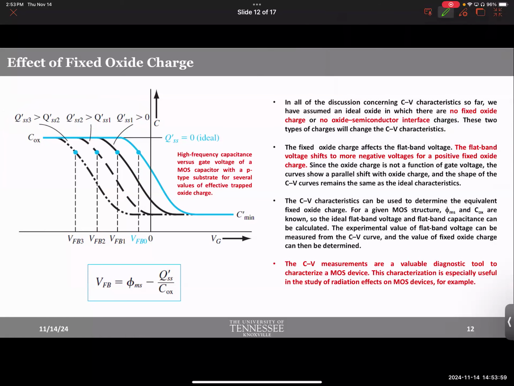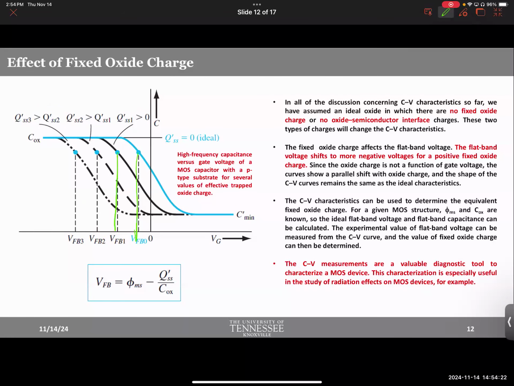Notice this QSS is the trapped surface charge. Greater than 0 means it's positive. So this is typically positive. And as you see, the more positive it gets, the more left shift you eventually achieve. And that changes the flat band voltage as well, by the way.